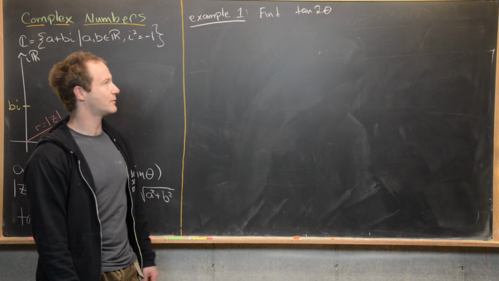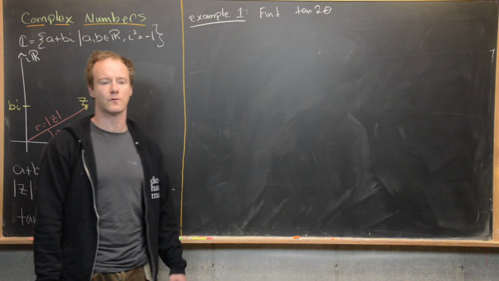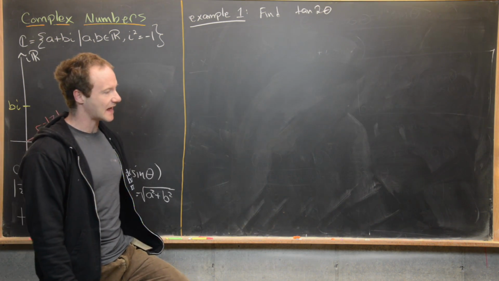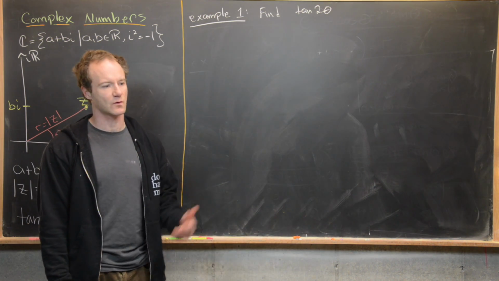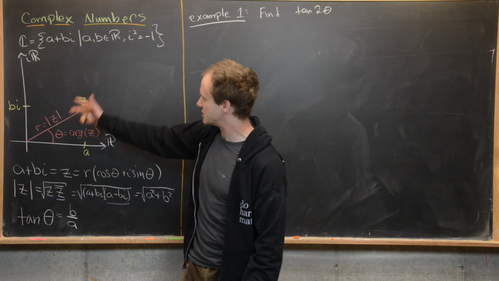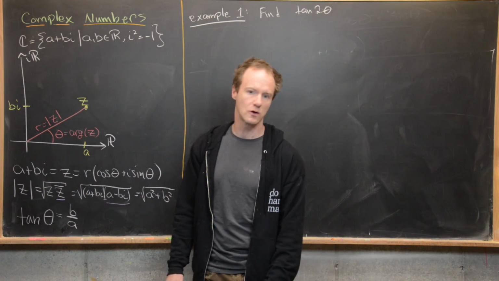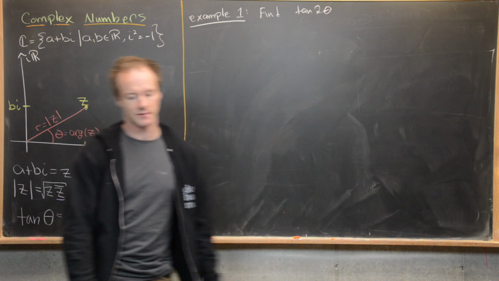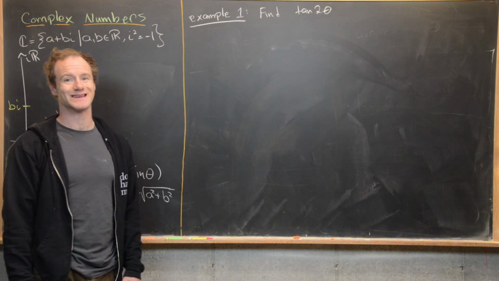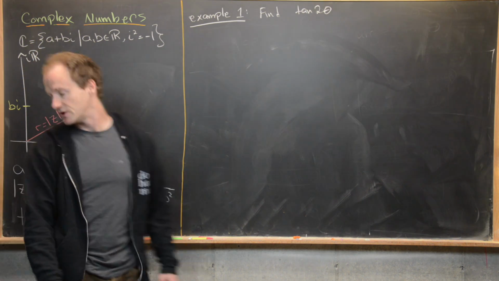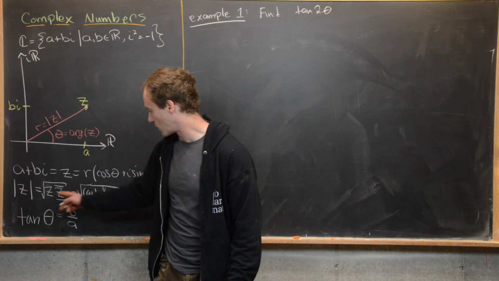Okay, for our first example, we're going to calculate a double angle formula for tangent. And even though we just looked at Euler's formula, we're going to do this a slightly different way, motivated by the geometry of the polar form of a complex number. We want to find the simplest complex number whose argument is theta, and we can do that by looking at this formula down here.